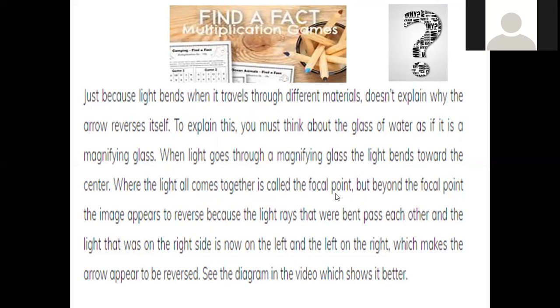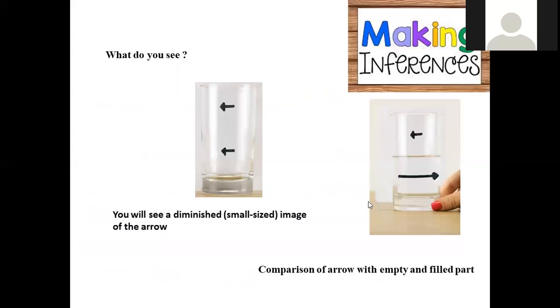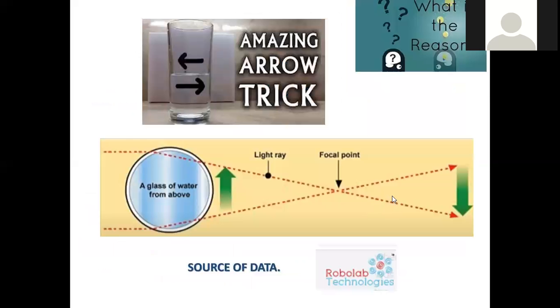But when light meets at the focal point, you can observe the image beyond the focal point. It's clearly shown in this diagram. This is the focal point, and this is the object we are taking. Here, the image is formed beyond this focal point.